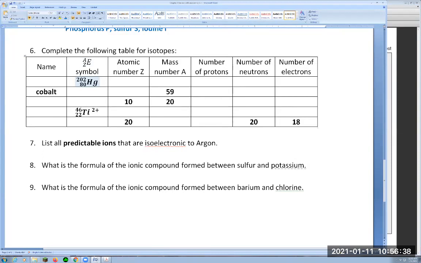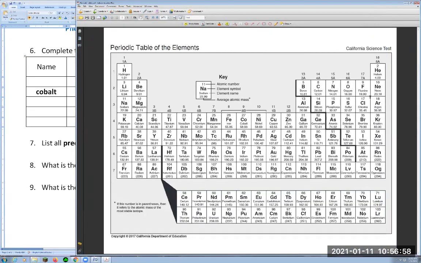The top number is the mass number. So you can complete the table by writing 202 for the mass number. The bottom number is the atomic number, Z, so you write 80 here. You can confirm with the periodic table that mercury is indeed atomic number 80. It's the number above the symbol.